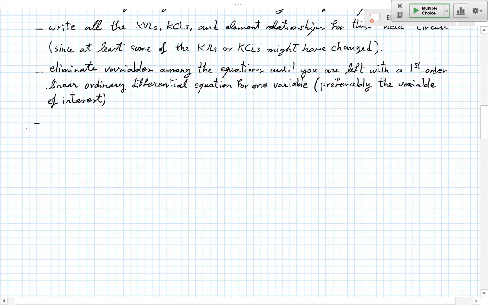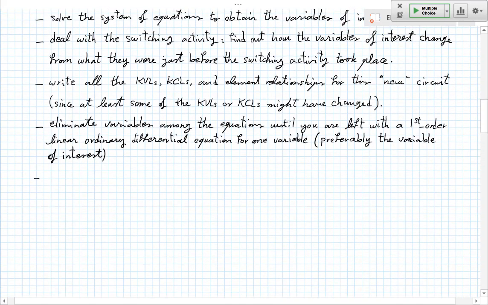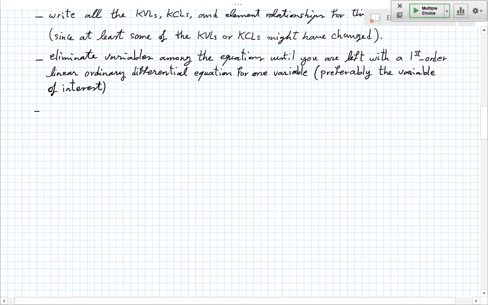And finally, use what you found in the previous step, or 2 steps before, where we said deal with the switching activity. Use the outcome of that as the initial value for solving this differential equation.